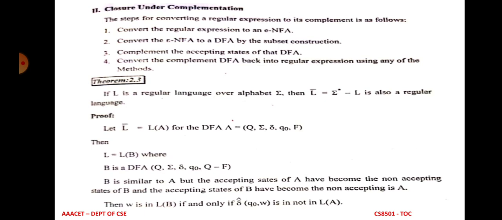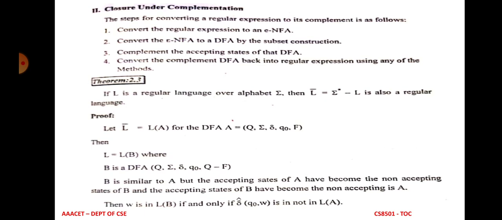Let us prove the above theorem. Consider L dash equal to L of A. We go from the complement in the last step back to the proof that the initial L is a regular language. So L dash is equal to L of A. A is a finite automaton, that is a DFA.